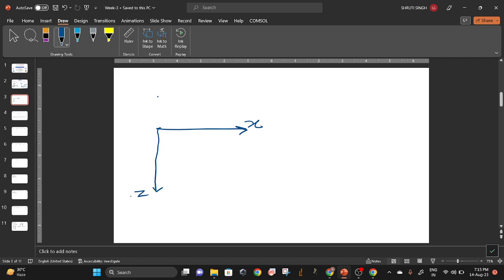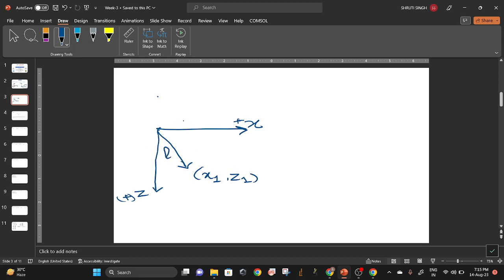And x is positive x on this side, right? Yes, ma'am. So let me write: before transformation I have a position vector here. Let the coordinate be x1, z1, and it has a length of L.